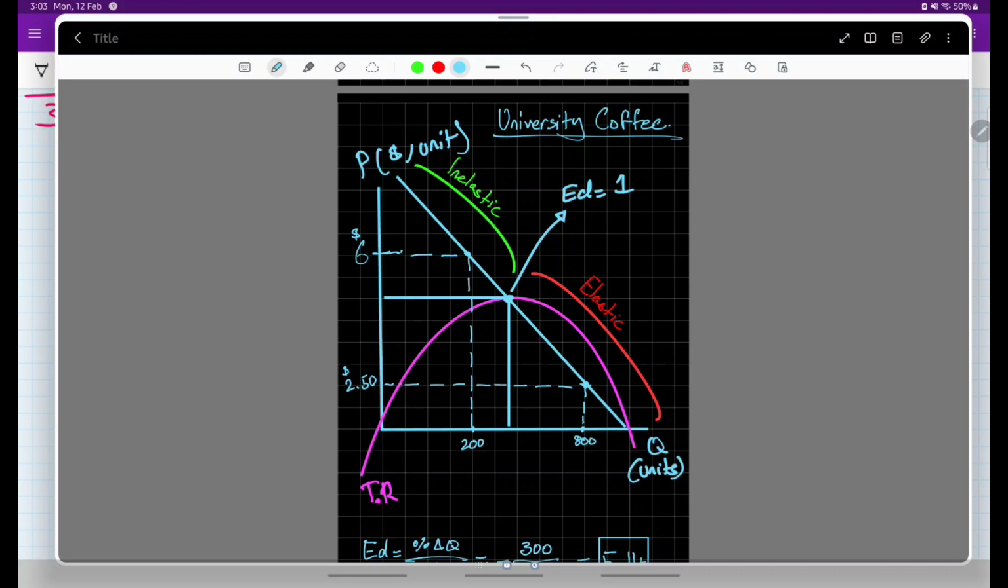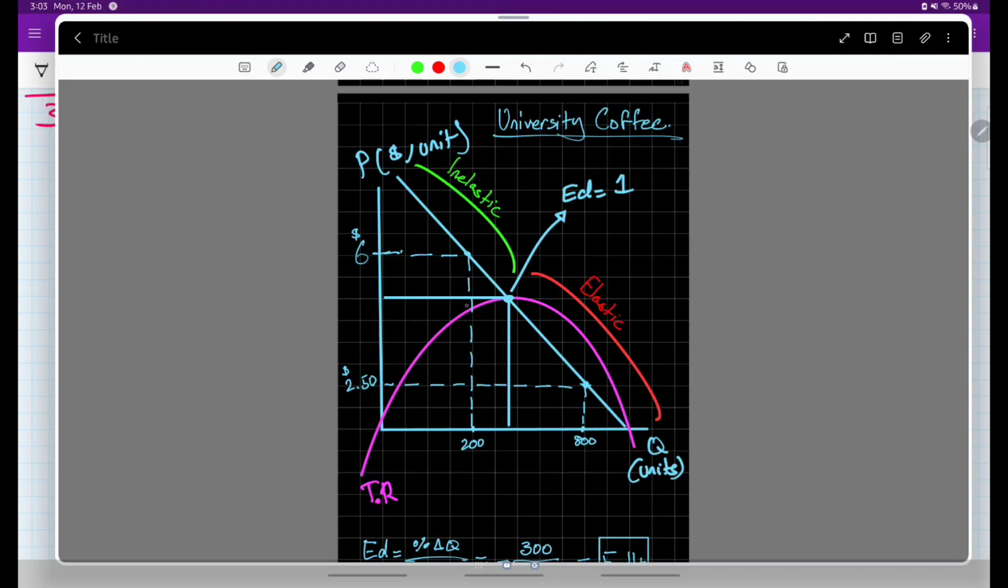Now that is a drastic price decrease. And the resulting quantity demanded at that price is 800 units. So 800 units of coffee. And you've noticed we've crossed over.